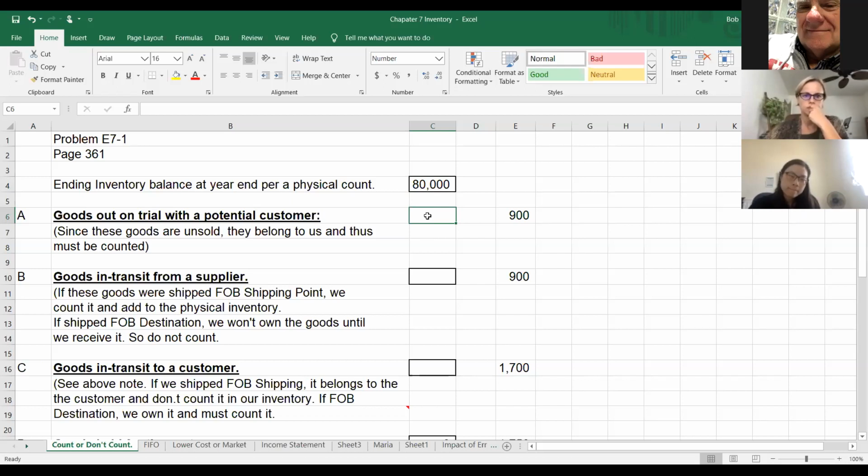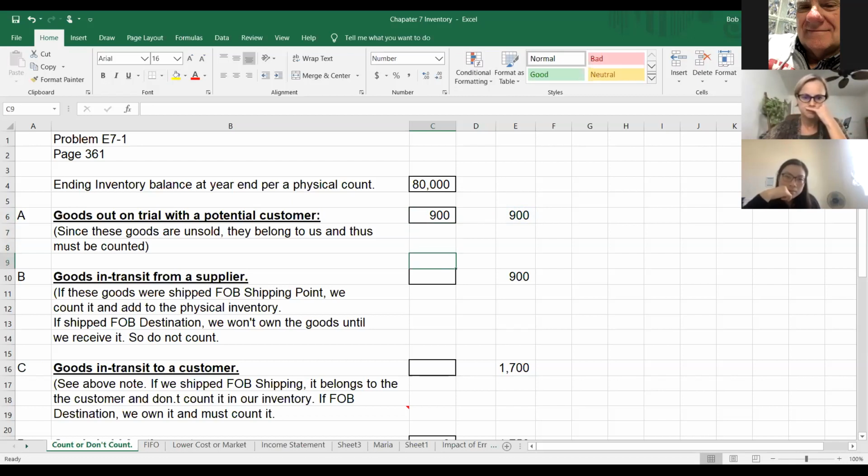And we told the customer, why don't you take this machine, work with it, and tell us what you think. We're not selling it to the customer, but it's not in this $80,000. We have to add that to the inventory, even though it wasn't physically in our building.